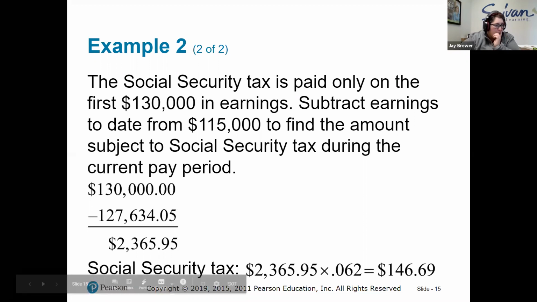So apparently all they care about here is knowing how much you're going to multiply for the 6.2%. If anyone has any more clarity on this, I would be very happy to hear it. I don't even see how they use the 115,000.